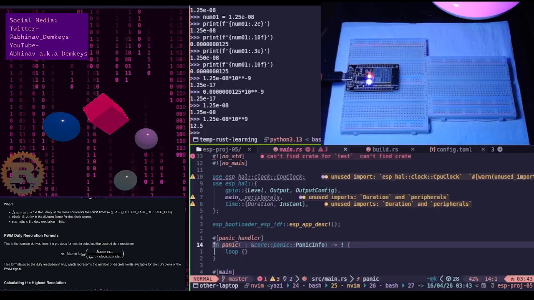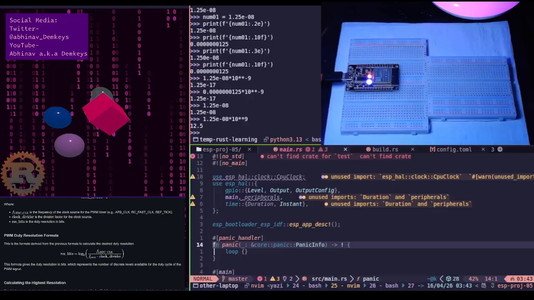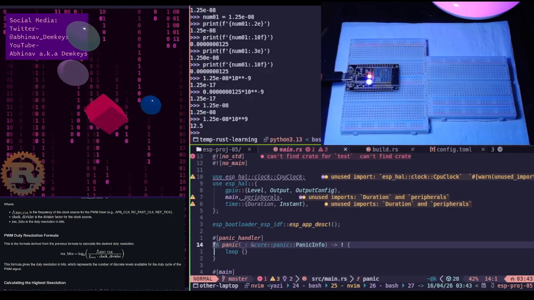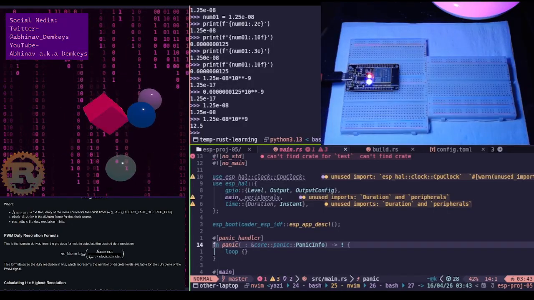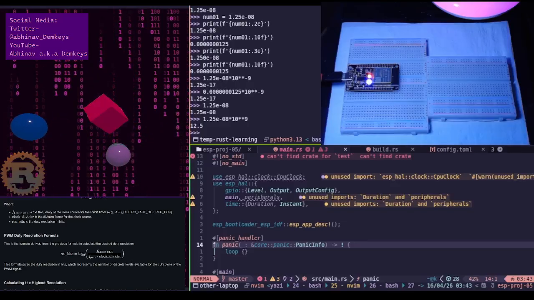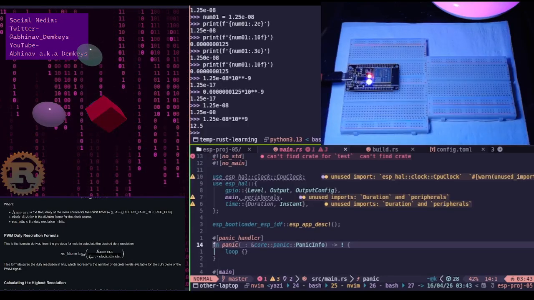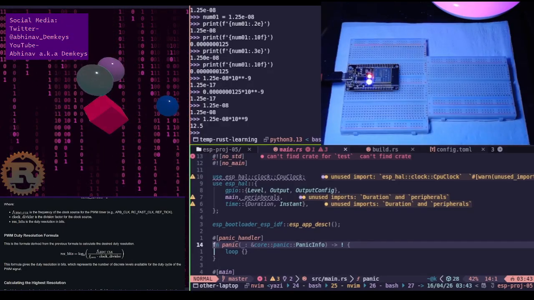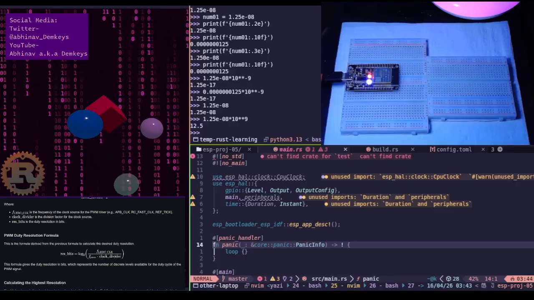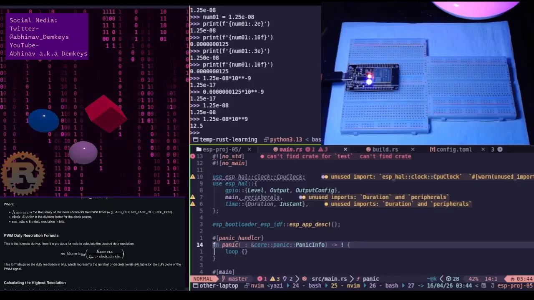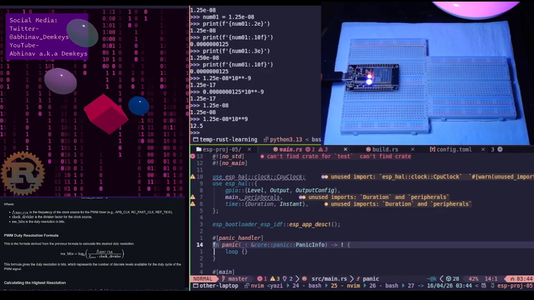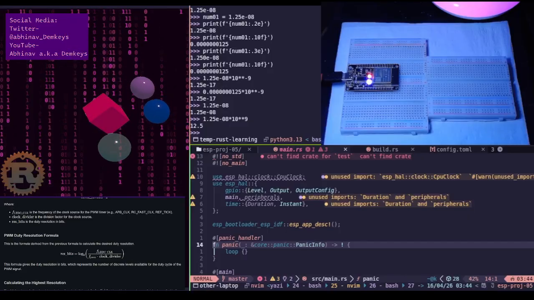Okay, this is a fantastic journey to be on. Moving from no STD Rust on an ESP32 into the world of analog electronics is like moving from the conductor of an orchestra to the people handcrafting the instruments. It gives you a much deeper appreciation for why things work or why they glitch.